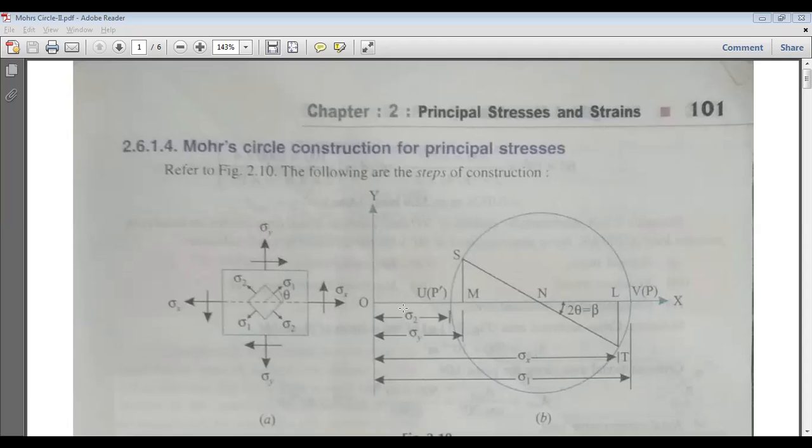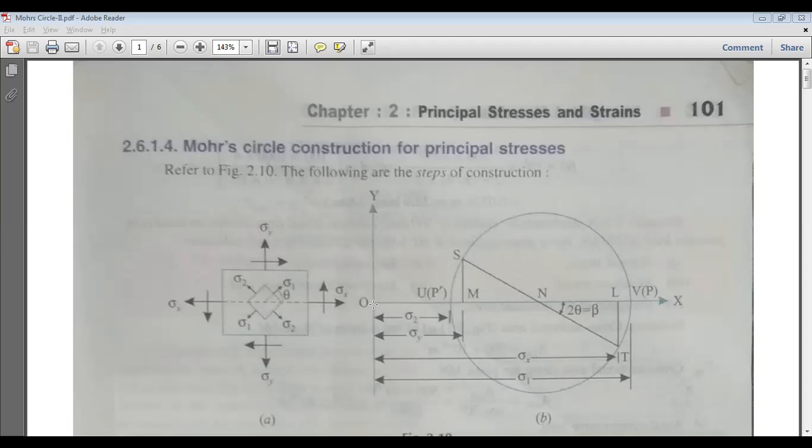Yesterday, as I discussed, we will take sigma x as its equivalent dimension. If sigma x is given as 70 meganewton per meter square, 70 centimeters will be too much, so we'll take 70 meganewton per meter square as 70 mm or 7 centimeters.